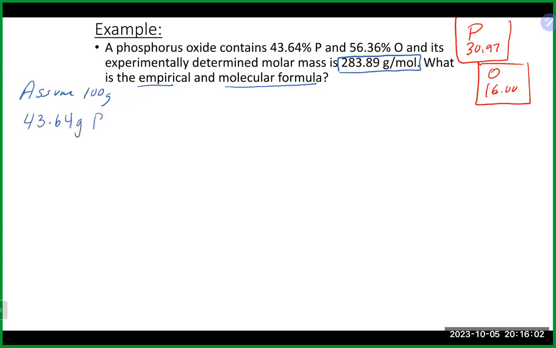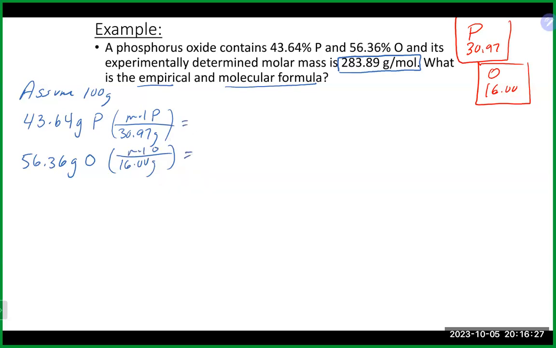43.64 grams of phosphorus and 56.36 grams of oxygen. Now that we have them in grams, we're going to convert them into moles using the molar mass of each of these elements from the periodic table. That's 30.97 for phosphorus and, for oxygen, 16 grams per mole.